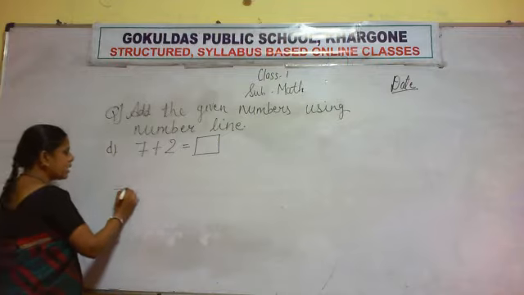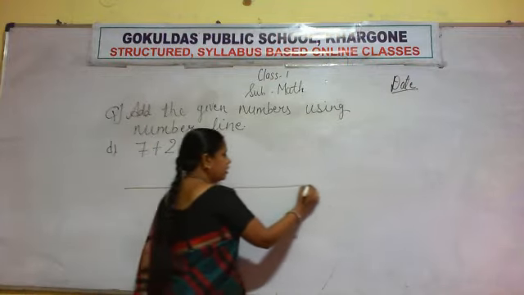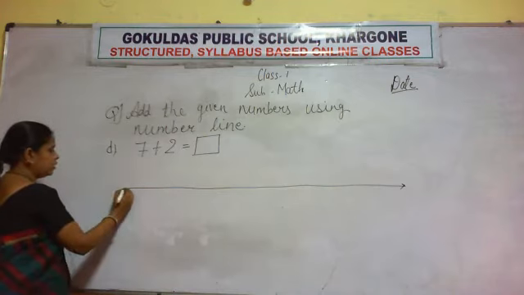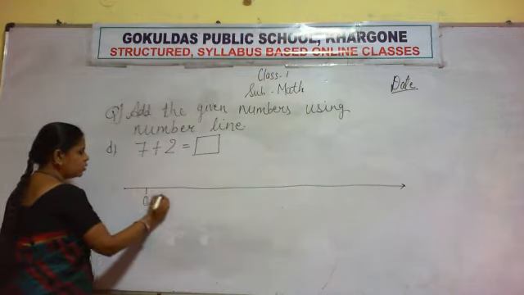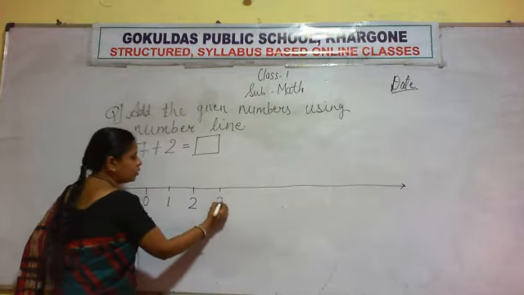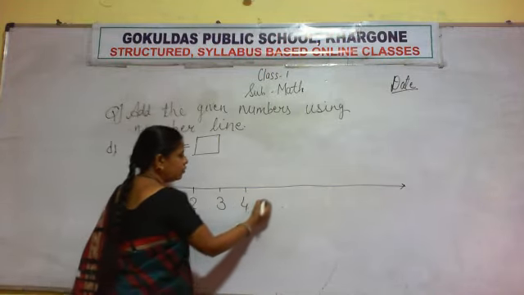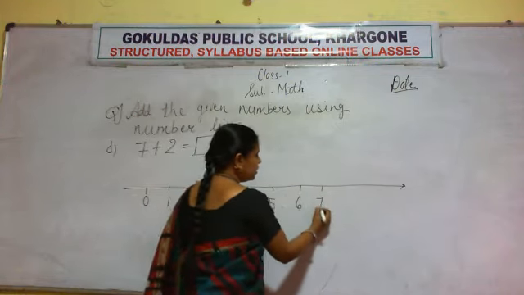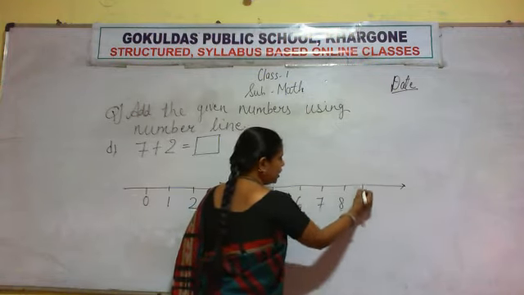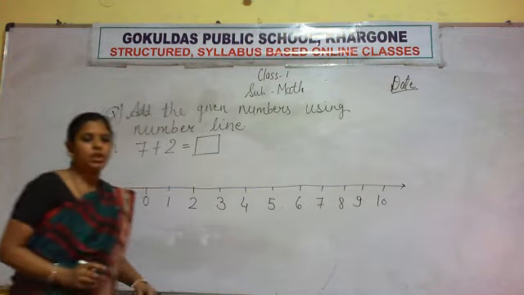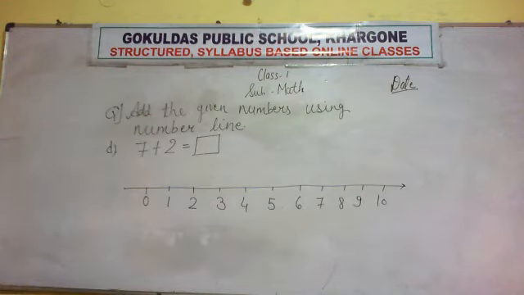Again draw the number line. Zero, 1, 2, 3, 4, 5, 6, 7, 8, 9 and 10. Draw the number line first.